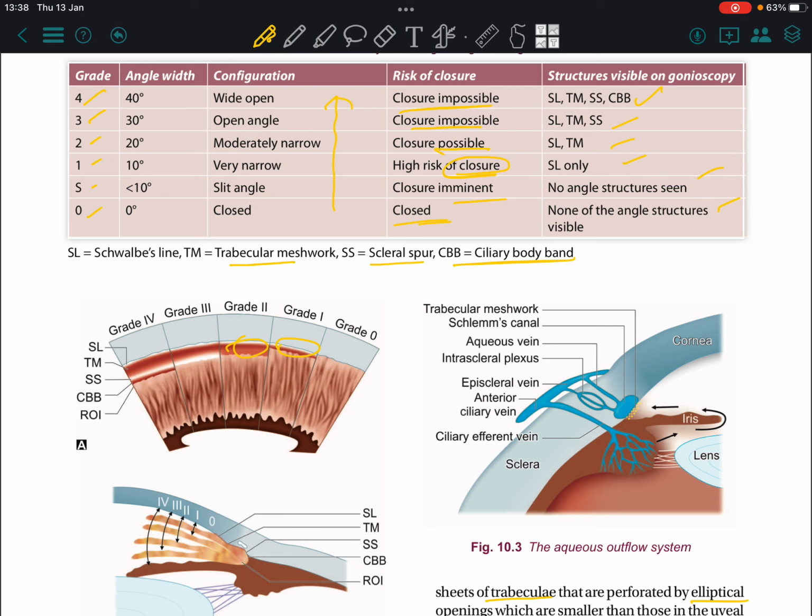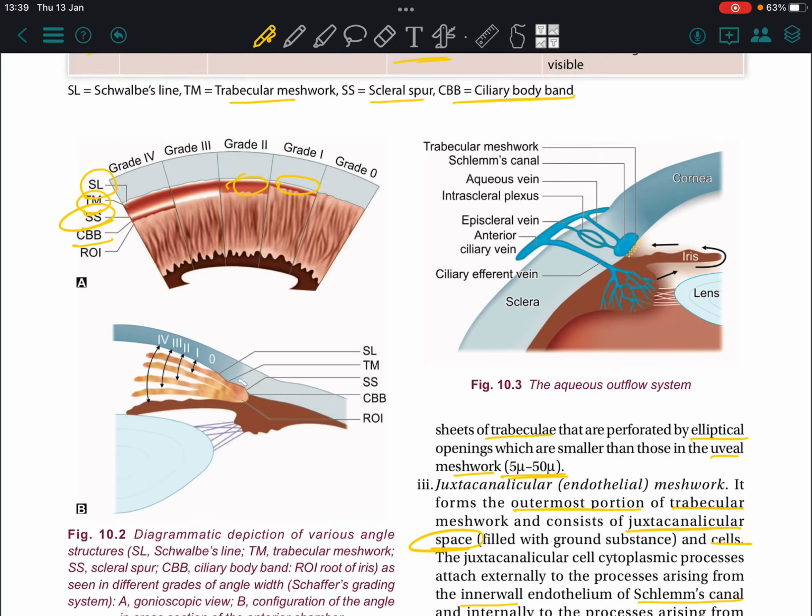Grade 3, we will see scleral spur, trabecular meshwork and Schwalbe's line, and grade 4 we will see all 4 structures: ciliary body band, scleral spur, the trabecular meshwork and the Schwalbe's line.